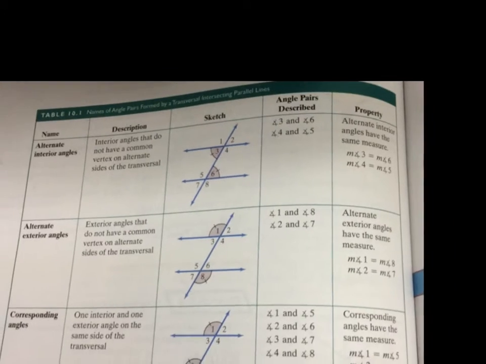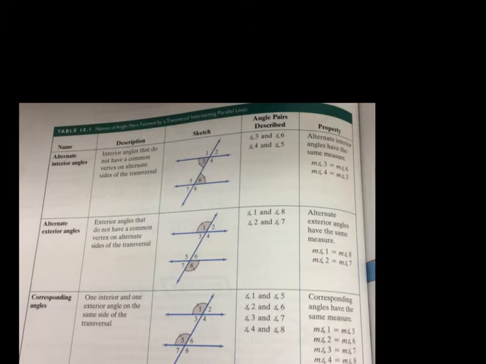Similarly, we have alternate exterior angles. The only difference is that of the 8 angles we create, here angle 1 and angle 8 are a pair.